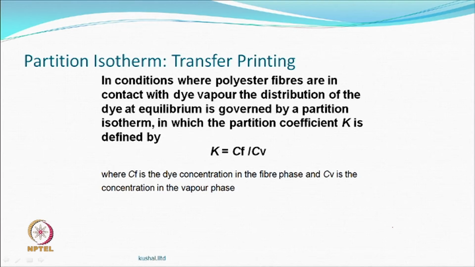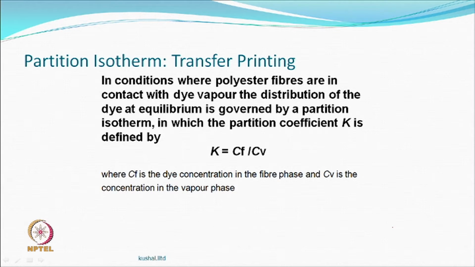And so, if they strike early, obviously they are on the surface. Once they are on the surface, affinity forces will start working, and because the temperature of the fabric also is high, then diffusion will start taking place. So, these are the conditions where the polyester fiber is going to dye from vapor, right.